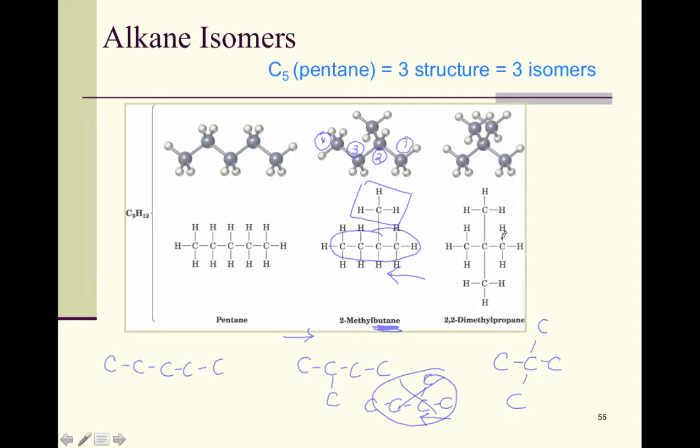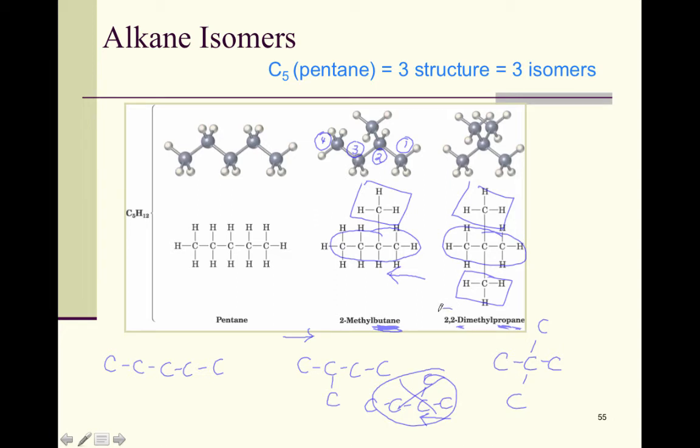So taking a look at this, my parent chain is 3 carbons. The prefix for 3 is prop. They're all single bonded. You guys see that? The ane ending. And I have not 1, but 2 methyl groups coming off of that. Do you see the di in front of methyl? That's where we use those. I have 2 methyl groups.